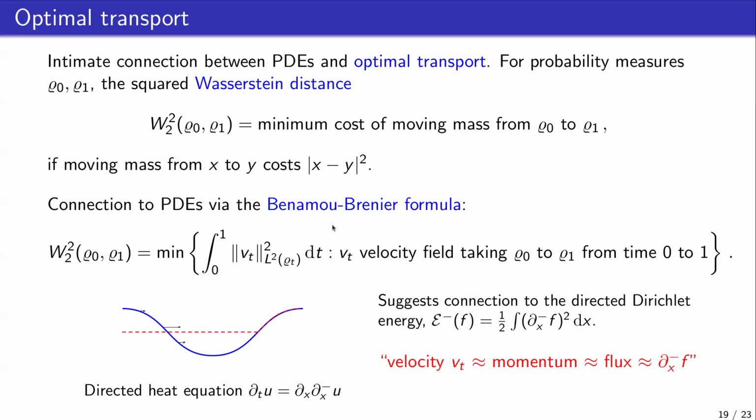And it turns out that you can make this concrete. So there's something called the Benamou-Brenier formula, which tells you the following. This is the big formula here, but it tells you the following. If you can come up with some sort of velocity field that describes how those particles are moving to reach rho 1 from rho 0, okay, so you have some sort of plan for how fast the particles have to move, then if you take the integral of the total value of this velocity field, so you should think of this as some sort of total kinetic energy, then that is an upper bound for the Wasserstein distance because I'm giving you one way to move the particles.